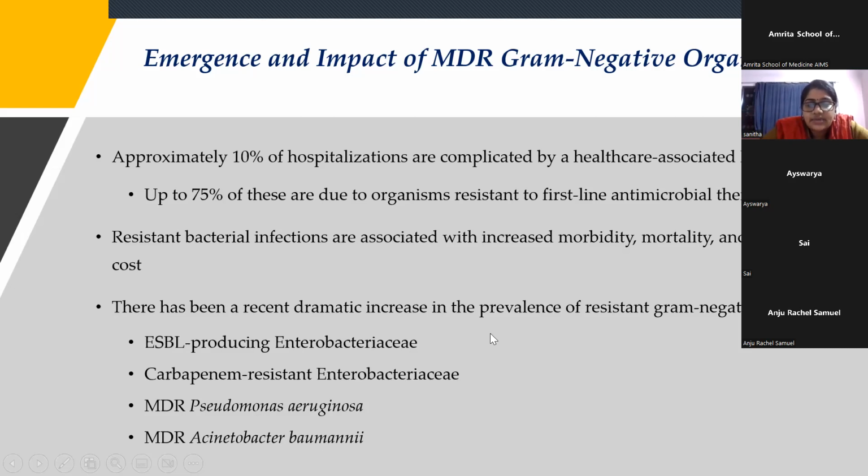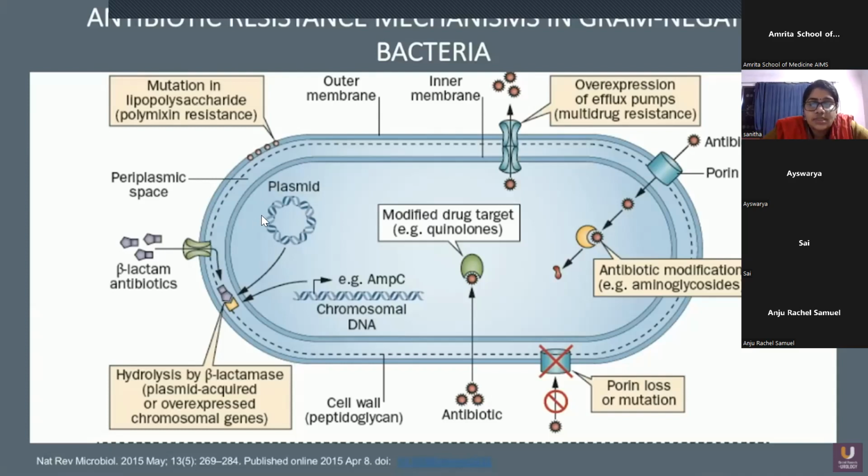So there is a recent dramatic increase in extended spectrum beta-lactamase producing Enterobacteriaceae, and there is carbapenem resistant Enterobacteriaceae, and carbapenems are the ultimatum for the treatment of gram-negative infection. So we are now facing resistance with carbapenem also. Then there is multi-drug resistant Pseudomonas aeruginosa and Acinetobacter baumannii. So these are the different mechanisms for bacterial resistance in gram-negative organisms.